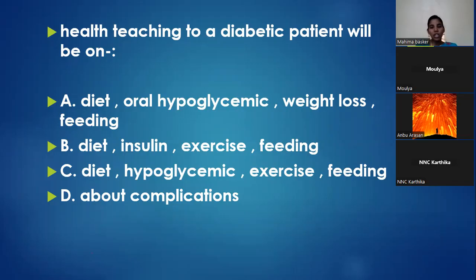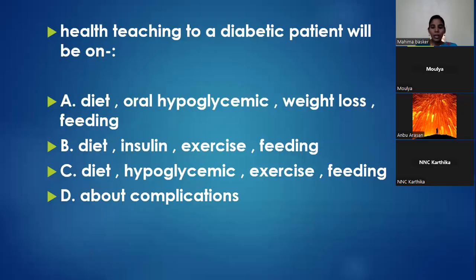If they specifically mention a complication like a foot ulcer, you have to take the answer about the complication. Otherwise, if the patient is taking insulin and they mention that, you have to take the insulin option. So first come from down to up. About complication, here they didn't mention a complication, so just leave that answer.